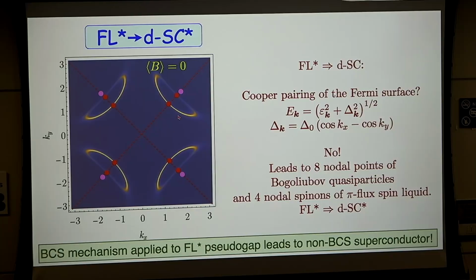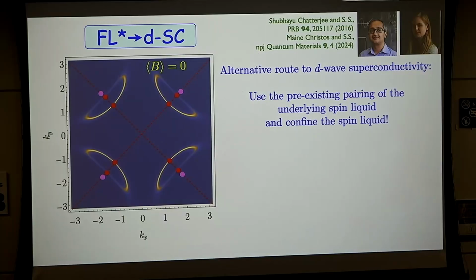Would it also be wrong because it would get the wrong number of nodes? Well, you're saying, suppose I had a fluctuating spin density wave theory coexisting with the D-wave superconductor. If such a thing is possible, it would have 8 nodes then. Okay. So that's not right.